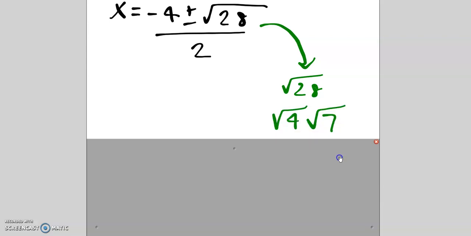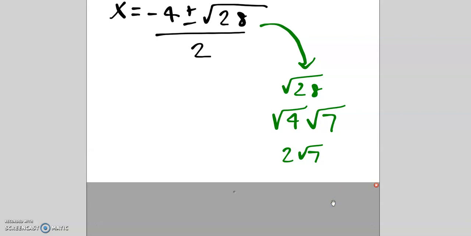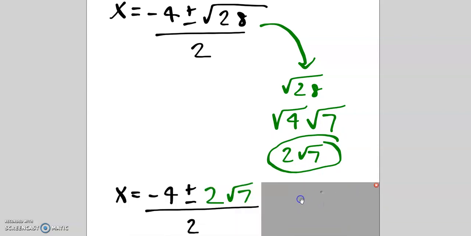I came up with 4 and 7. Super great, because the square root of 4 gives me 2, and I can't simplify square root 7 anymore. They're equal, one's just simplified. So now I have -4 plus or minus 2 square root 7, over 2.